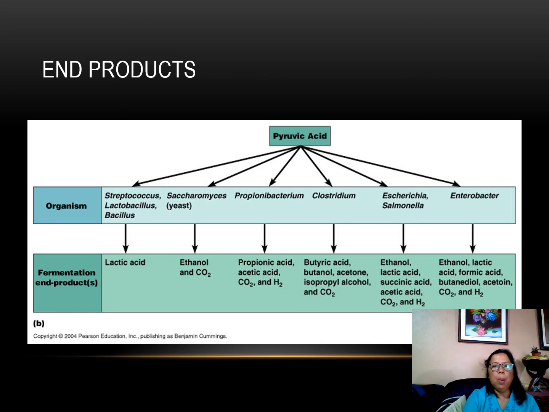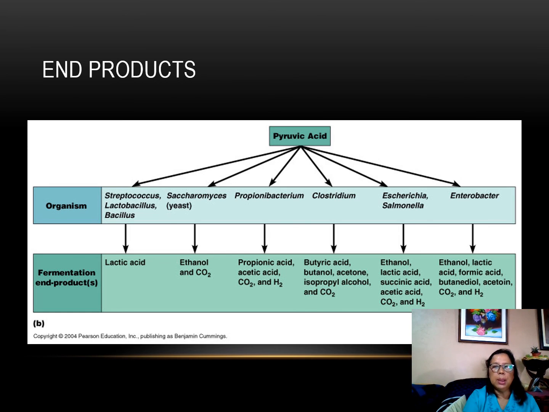And then you have Propionibacterium. They are responsible in the production of propionic acid needed in the formation of tasty or sour vinegar. And then you have also Clostridium producing some solvents like butanol, acetone, isopropyl alcohol.